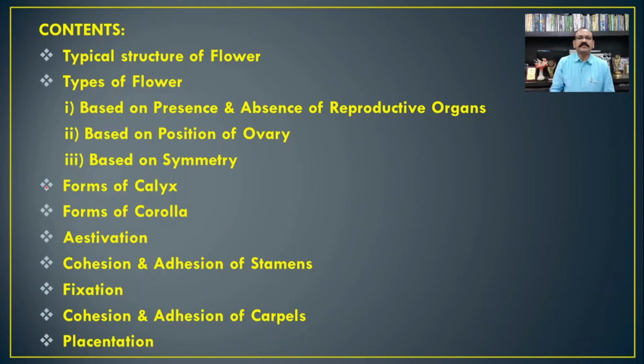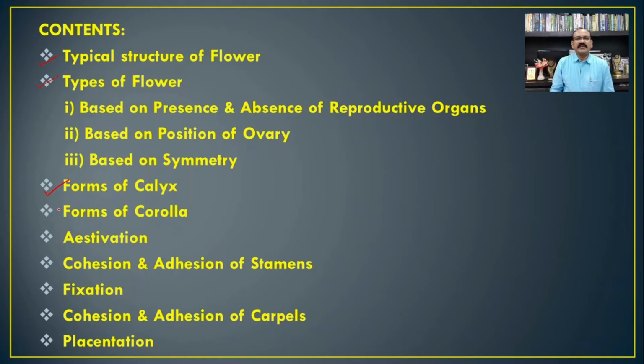In this lecture, we will cover these different topics: the typical structure of flower, then types of flower based on presence and absence of the reproductive organs, position of ovary, and on the basis of symmetry of the flower.